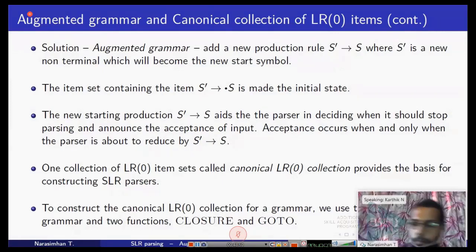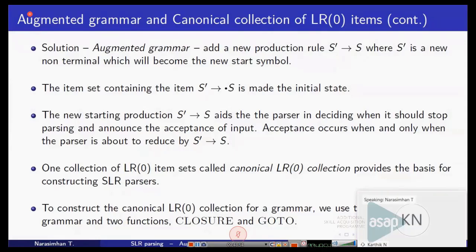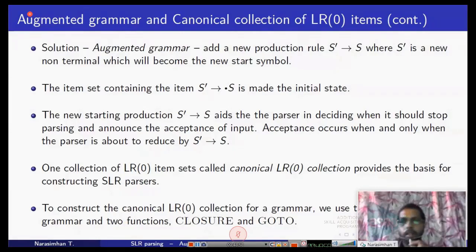Sure, sir, please. Okay. So it turns out that among the three parsers, the CLR method is the most powerful technique. Why it is called so is because it will be able to parse much more number of grammars compared to the other two techniques.